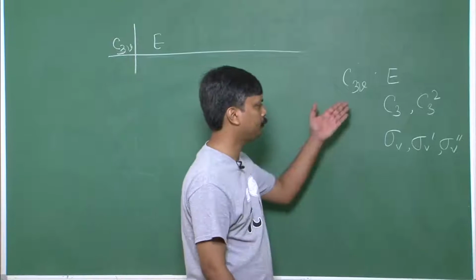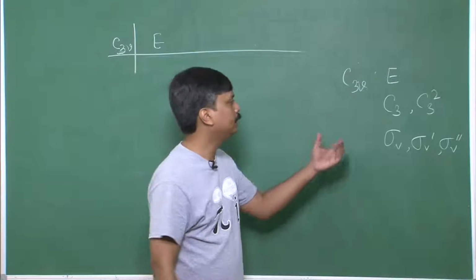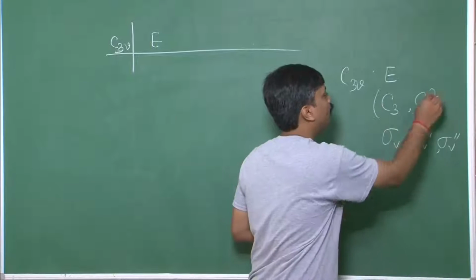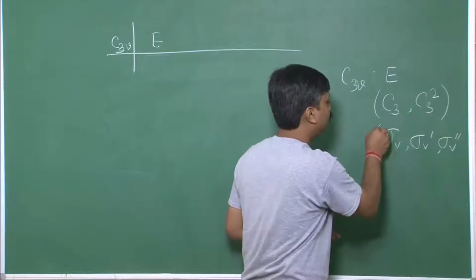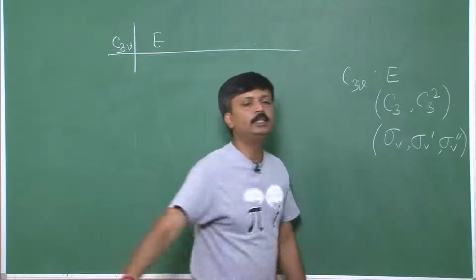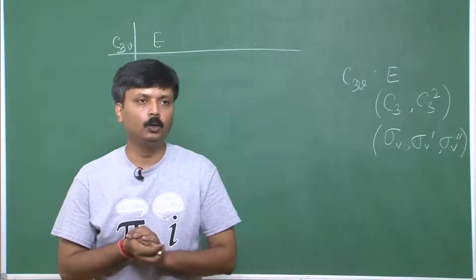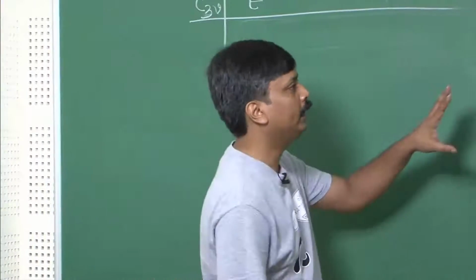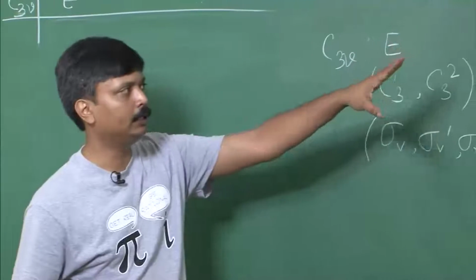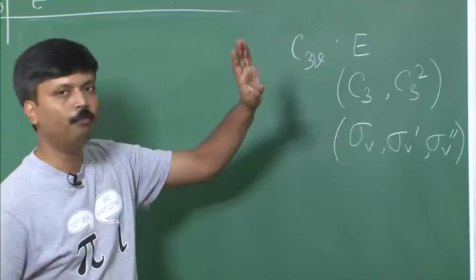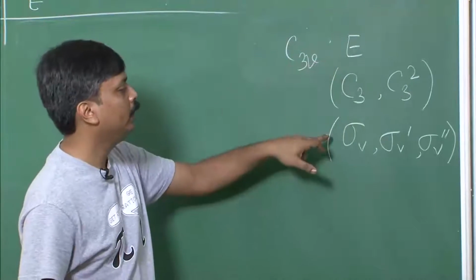We also know that C3 and C3 square form a class, and all 3 sigma V's form a class.